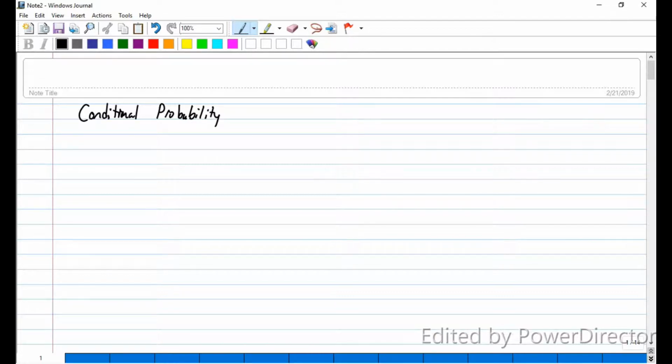So something like, given that it's raining outside, what is the probability that someone has an umbrella? So you give a condition, and then you're trying to figure out the probability given that condition.